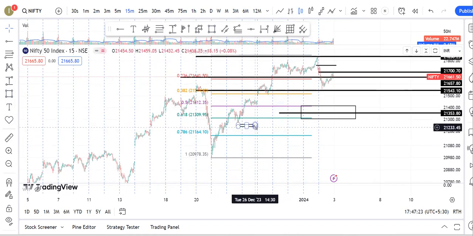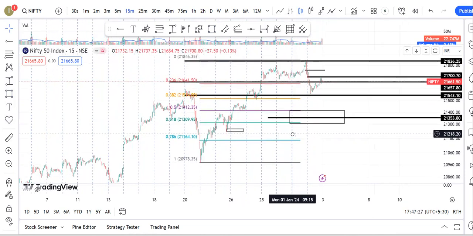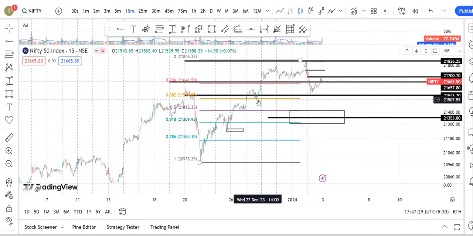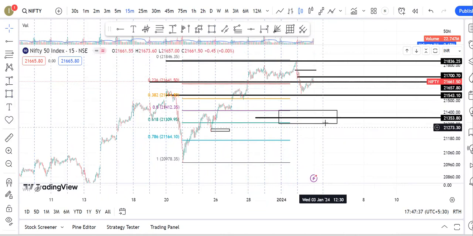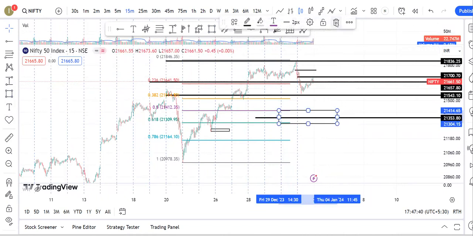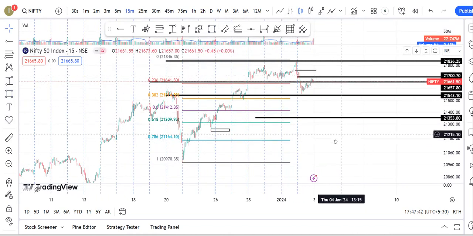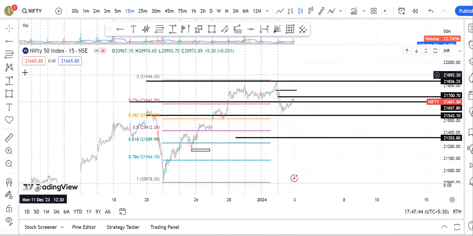So here you can see this low, 21,238, and next you can see 21,560. So now it has broken down the level. The structure has been violated in this area.